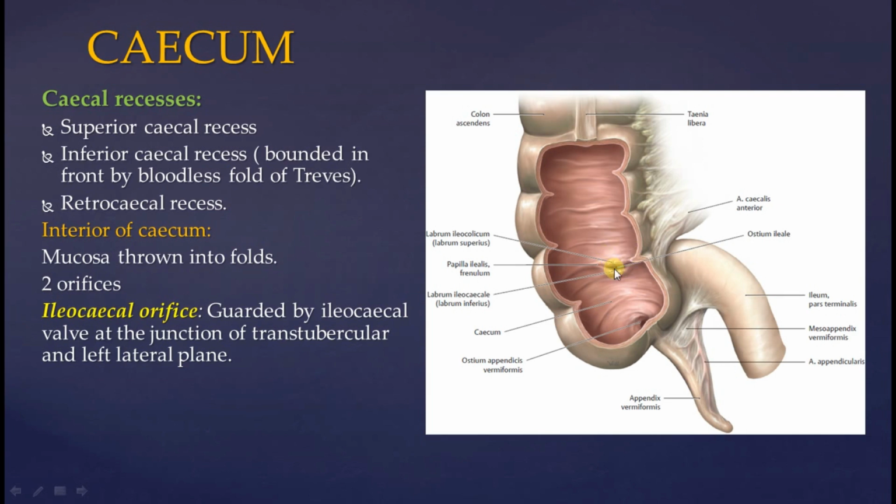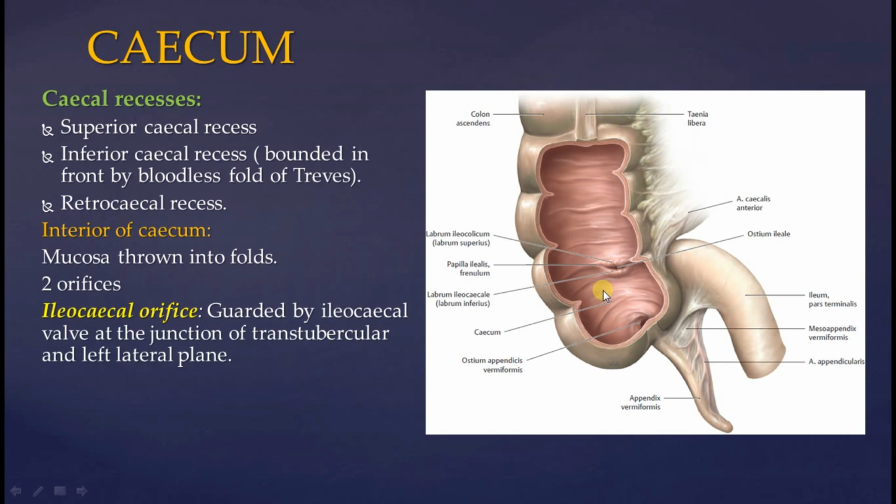The surface projection, if you want to mark it on the anterior abdominal wall, of the ileocecal orifice is the junction of the transtubercular plane and the right lateral plane. Contents from the ileum are emptied into the cecum, but reverse flow is not allowed.